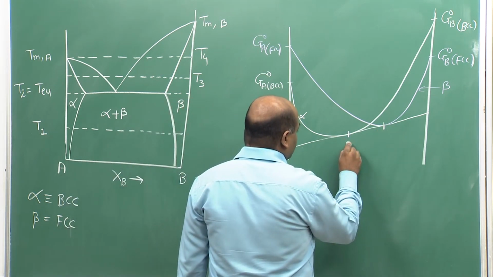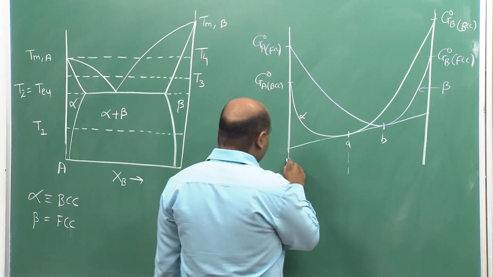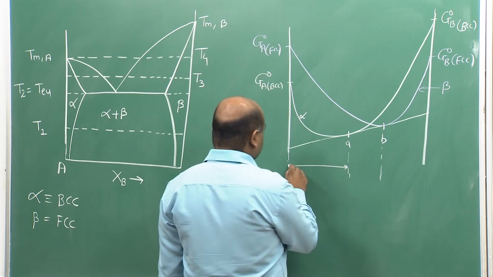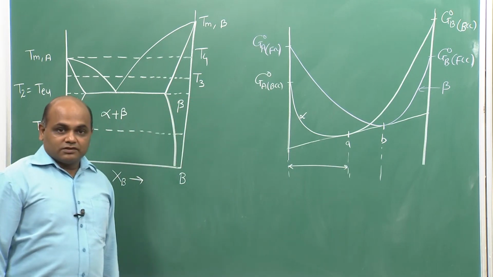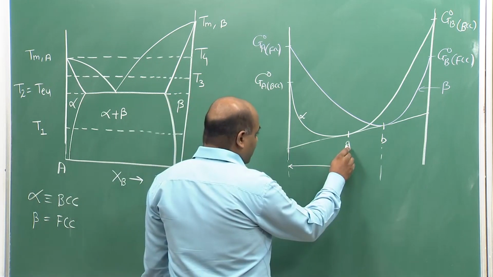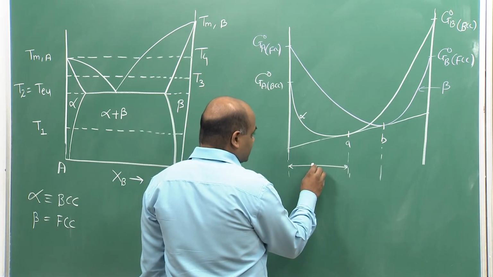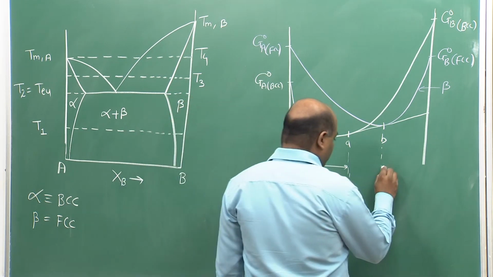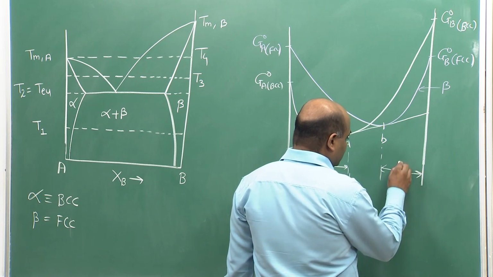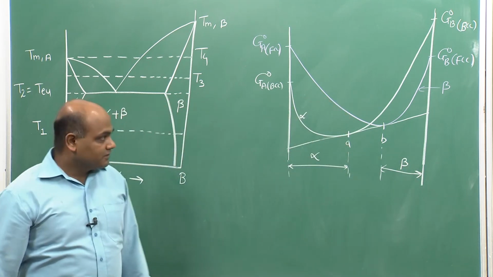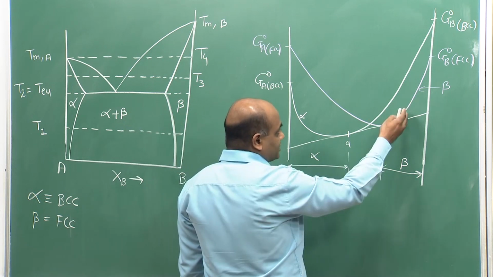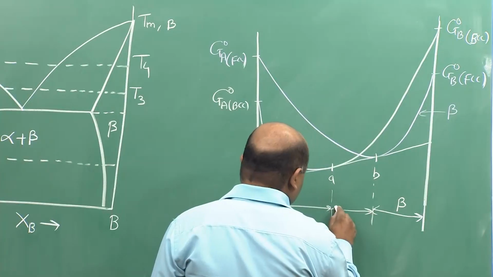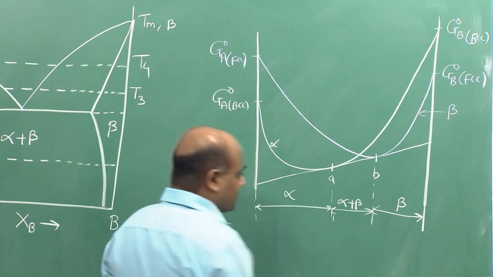And these touching points A and B mark the equilibrium compositions of the two phases in equilibrium. So, if we see, up to point A there is the alpha stability, beyond point B or beyond the composition B, beta single phase is stable, because Gibbs energy of beta is lesser than that of alpha, and between A and B there is a two phase equilibrium alpha plus beta.